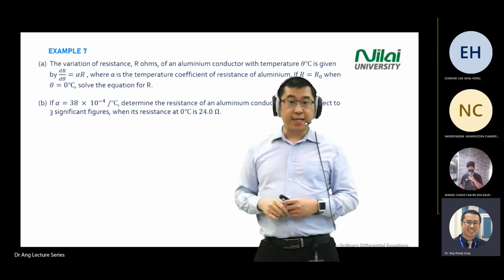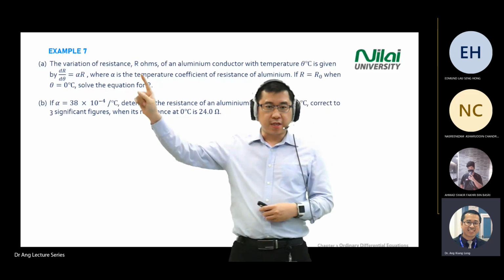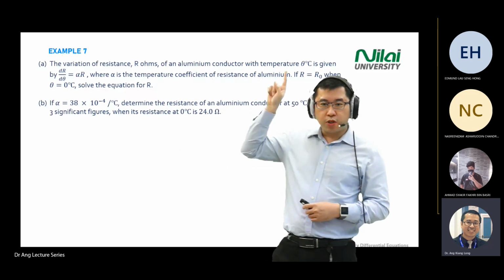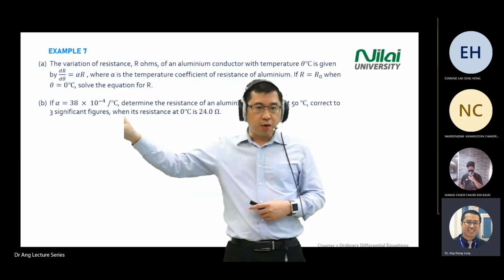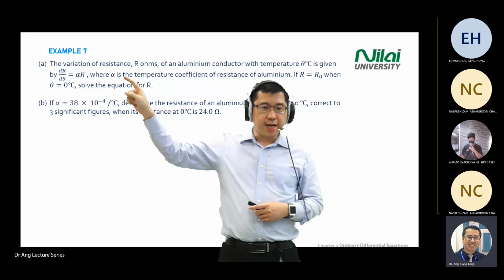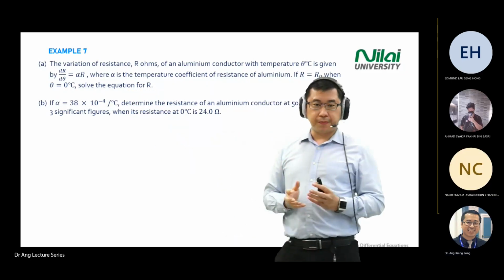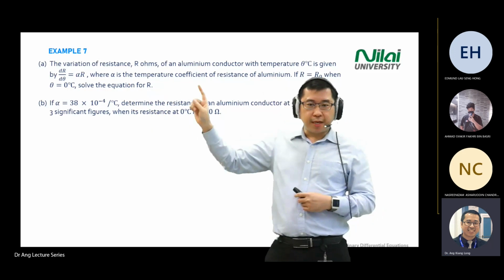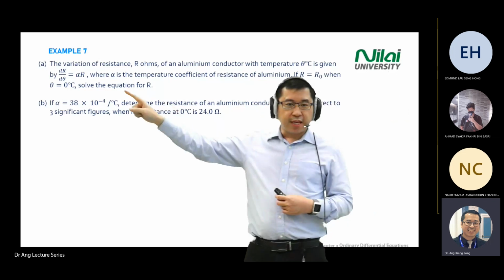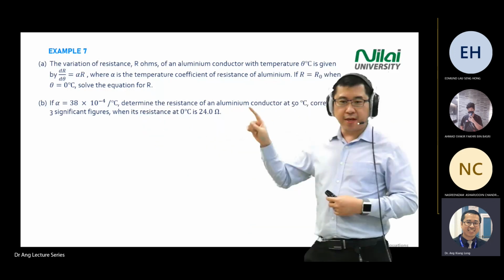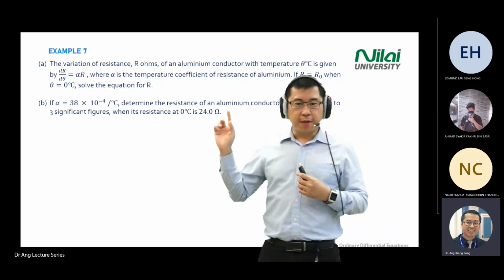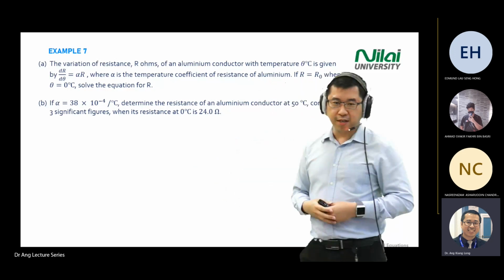Resistance, if you learned in your electronics module, you know is in the unit of ohm, of an aluminium conductor with temperature theta in degrees C, given by one differential equation, as you can see on the second line here: dR over d theta equal to alpha R. You are given a differential equation, and alpha equal to a given value, and you are given the two values: R equal to R naught when theta equal to 0 degrees C. Remember, when you are given two values, the value of x and y, the purpose is to get the C, the constant value in the integration.